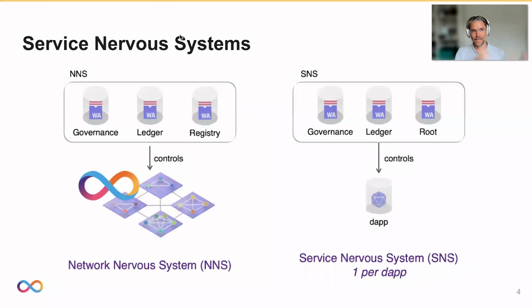Whereas the NNS is responsible for governing the functions of the IC, an SNS is responsible for the governance of a specific DApp. The core of the SNS is adapted versions of the governance and ledger canisters, which support the setup and running of a DApp. And each DApp, to be clear, has its own service nervous system.